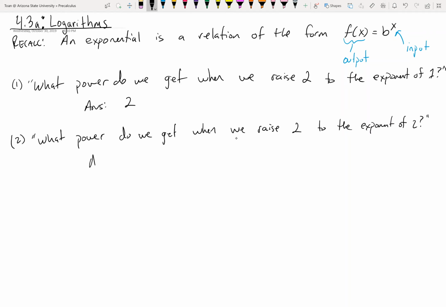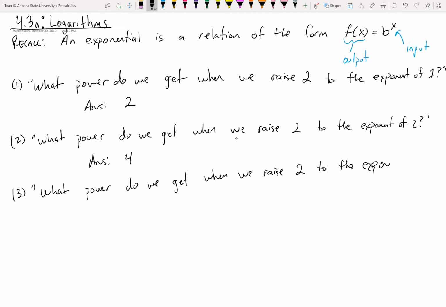And of course, everyone knows that the answer should be 4. What if I asked you, what power do we get when we raise 2 to the exponent of 3? And of course, everyone should know it is 8.